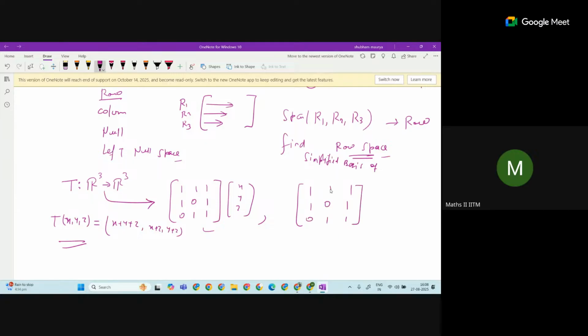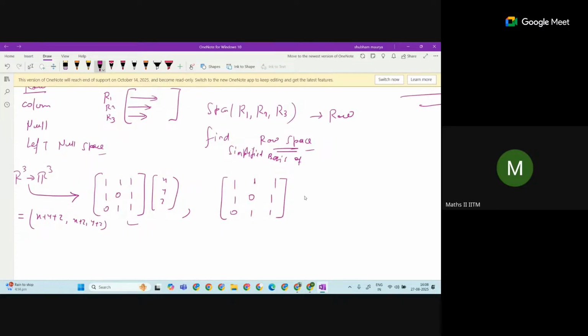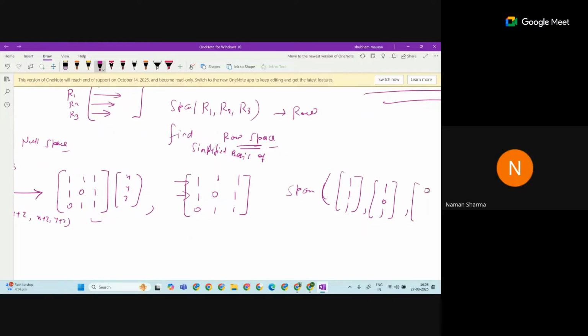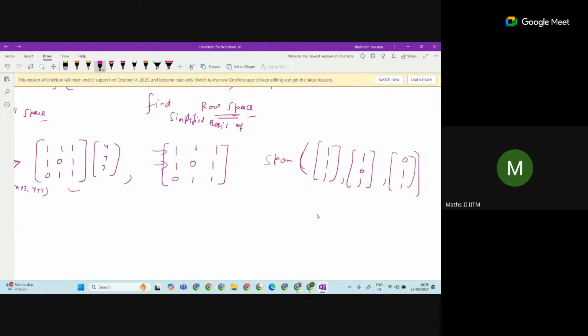To find the row space, even if you write it like this, a span of these vectors, taking the rows as columns: span of (1 1 1), (1 0 1) and (0 1 1). If you're writing the row space as this, this is fine. This is the row space.